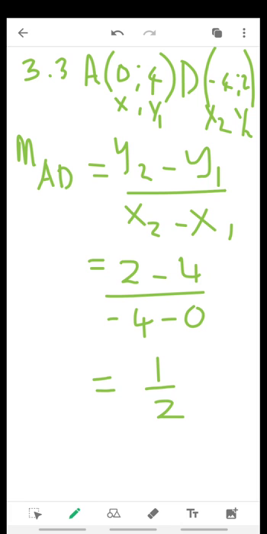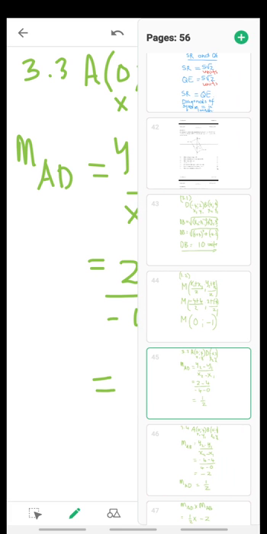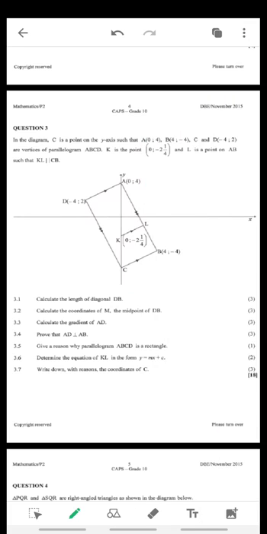So the gradient of AD is equal to y2 minus y1 over x2 minus x1. Substituting, I found that the gradient of AD is 1 over 2. Well done. Now, 3.4, prove that AD is perpendicular to AB. What does it mean? Find the gradient of AD, find the gradient of AB, multiply them.